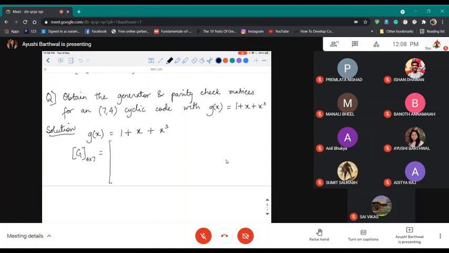So the first row will be written as g0, which is 1, g1x, which is again 1, g2x square, which would be 0, g3x cube, it would be again 1. And then you have to fill k zeros over here. Sorry, n minus k is this term, so you have to fill in zeros. Basically, you have to make the number of columns 7. Right now we have 4 columns, so we have to fill 3 zeros.